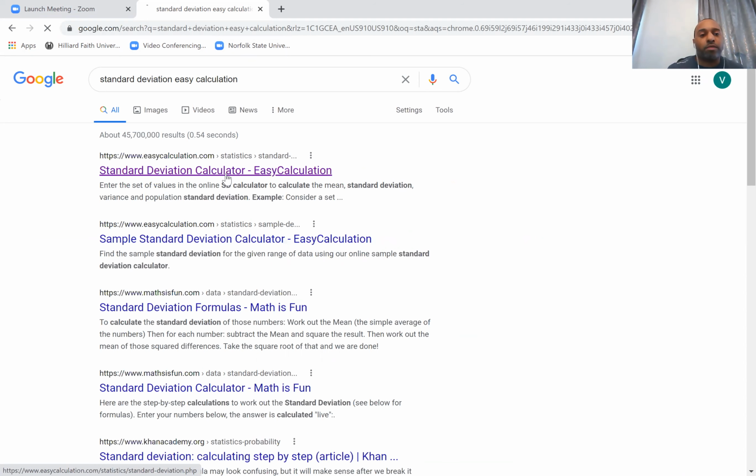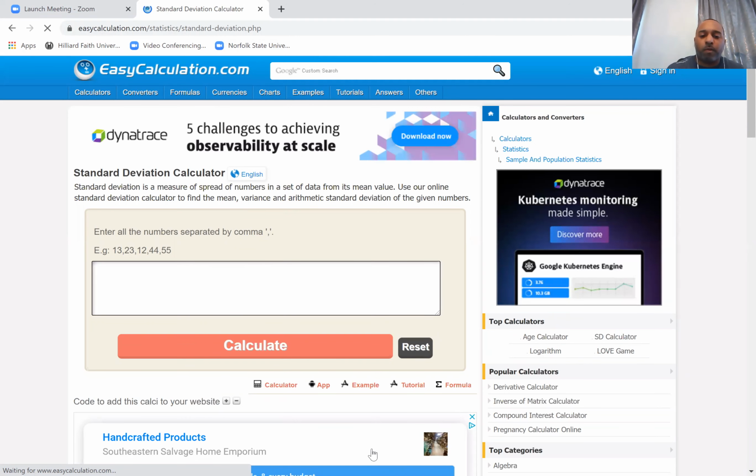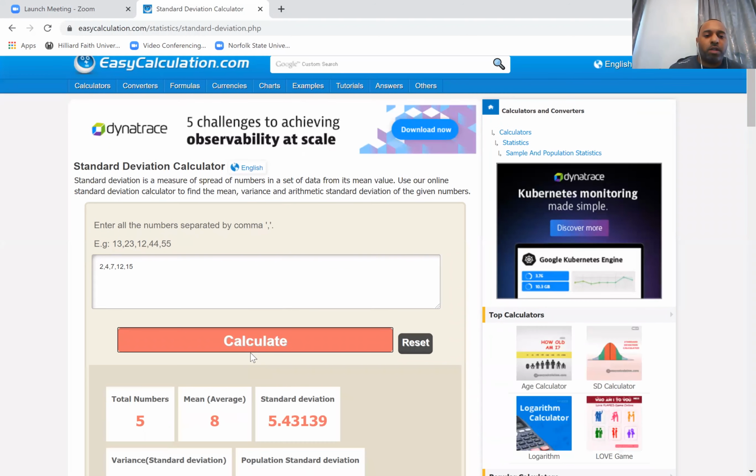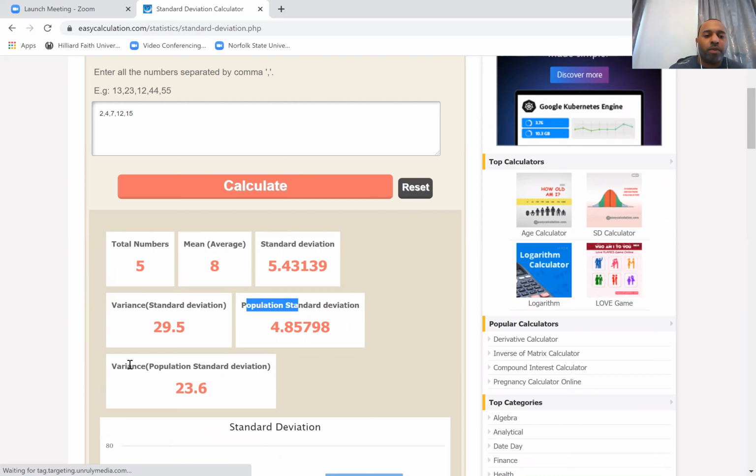Pay attention to the directions: enter all numbers separated by a comma. So that was 2, 4, 7, 12, 15. And there goes your standard deviation and variance. Notice this one is the sample, and this one says population standard deviation, population variance.